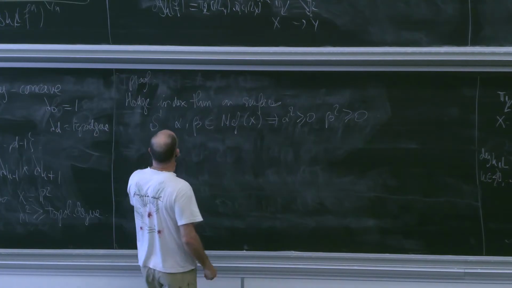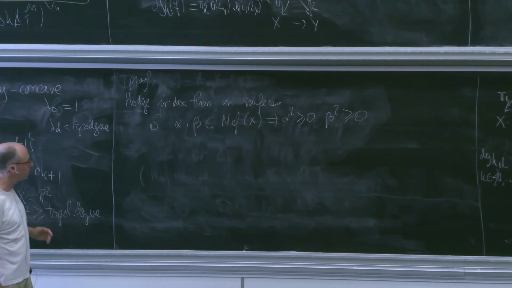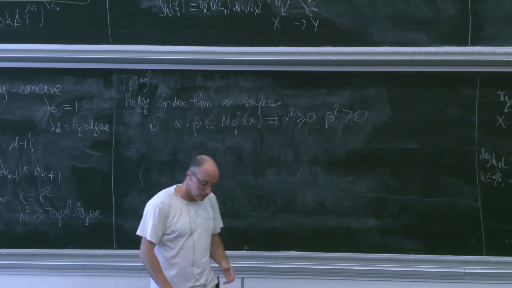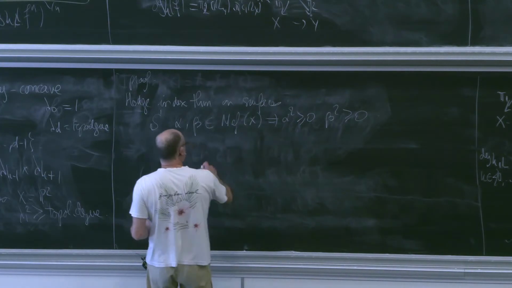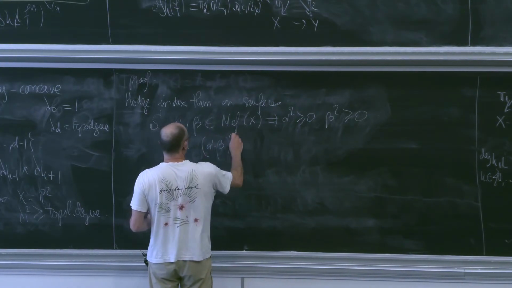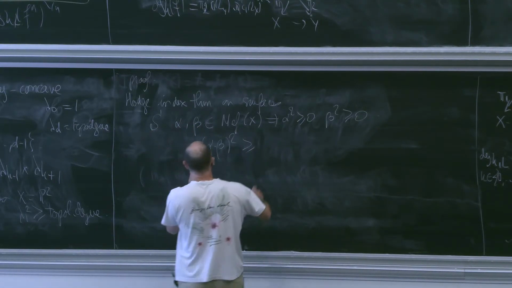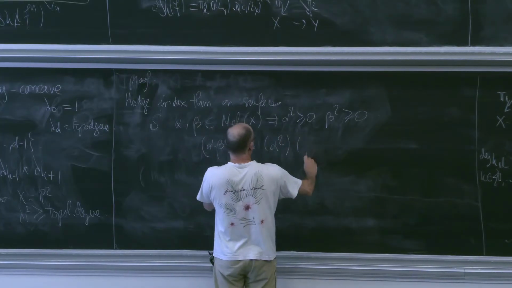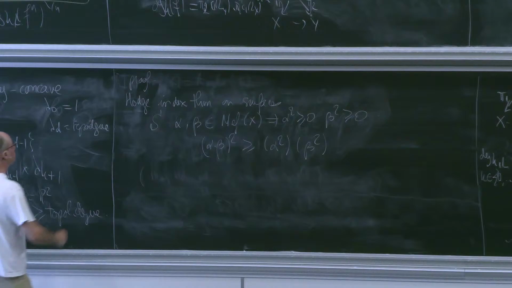If the vector space generated by alpha and beta is two-dimensional, then the restriction of the intersection form has to have a negative eigenvalue. This can be translated as saying that you have a Cauchy-Schwarz inequality, but in the wrong sense. So you have alpha dot beta squared is greater or equal to alpha squared times beta squared.